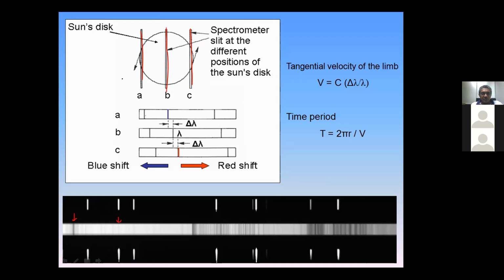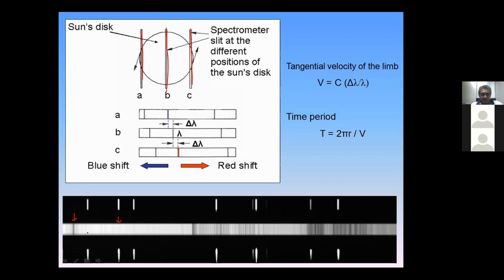So we observe the Doppler effect, which makes a shift in the spectral line to the red and the blue side. Therefore we can calculate how much that delta lambda is, then using the simple equation, v equals c delta lambda over lambda.